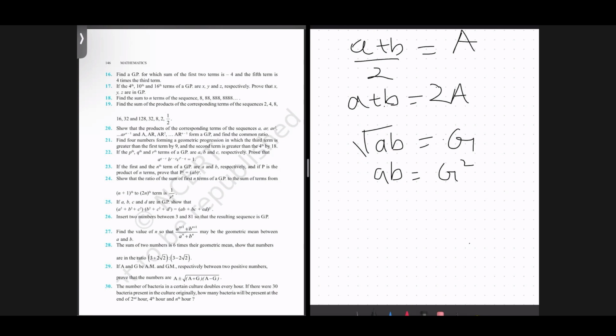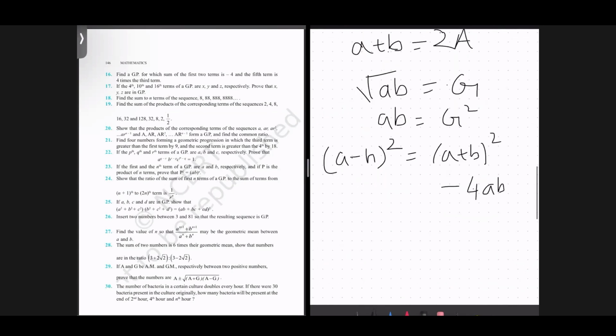We are going to apply the same technique that we used in the previous question. We are going to say (a−b)² equals (a+b)² minus 4ab.